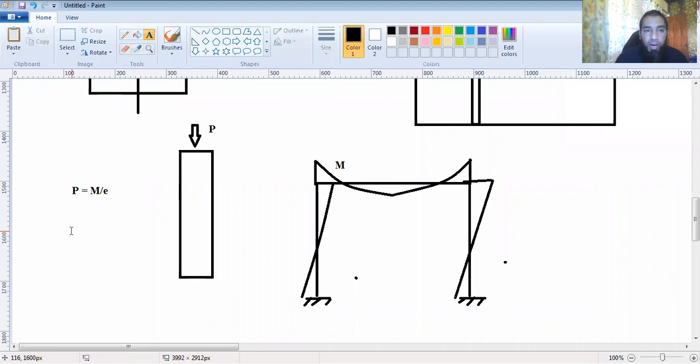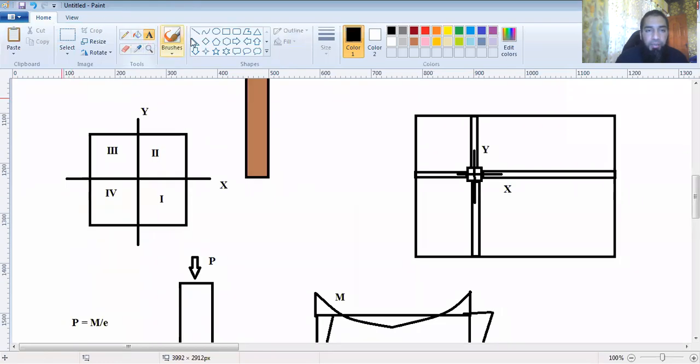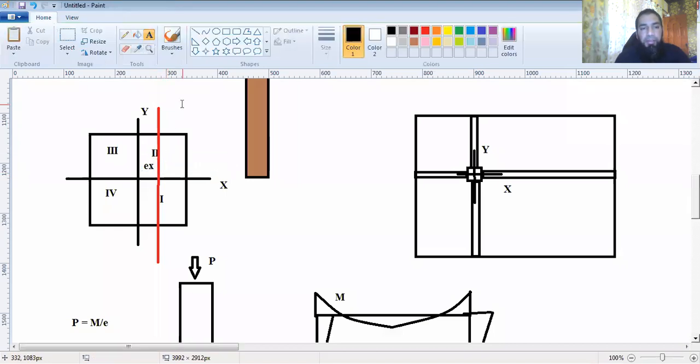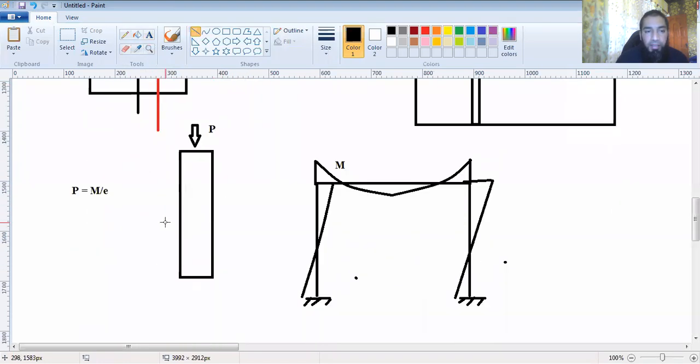Now, where does that come from? For example, it's a uniaxial eccentricity on this column, at a distance of Ex in the X direction. This distance from here till here is the eccentricity, and that is Ex.